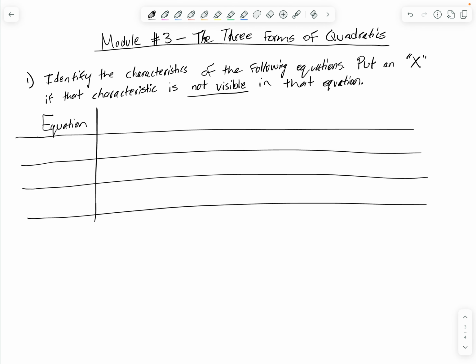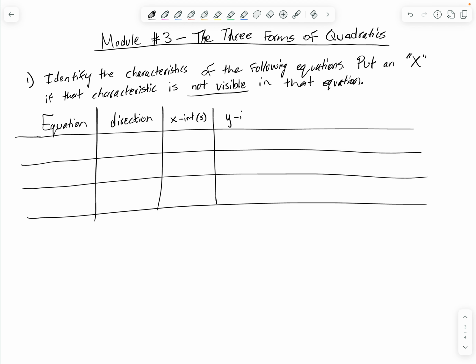Then I'm going to have another column here for direction, meaning opening up or down. And then I'll have another column for x-intercepts, or x-int with an s, because sometimes, as you know, we could have 0, we could have 1, or we could have 2. Then we'd have y-intercept, because there's only going to be one y-intercept, so I can't make that plural.